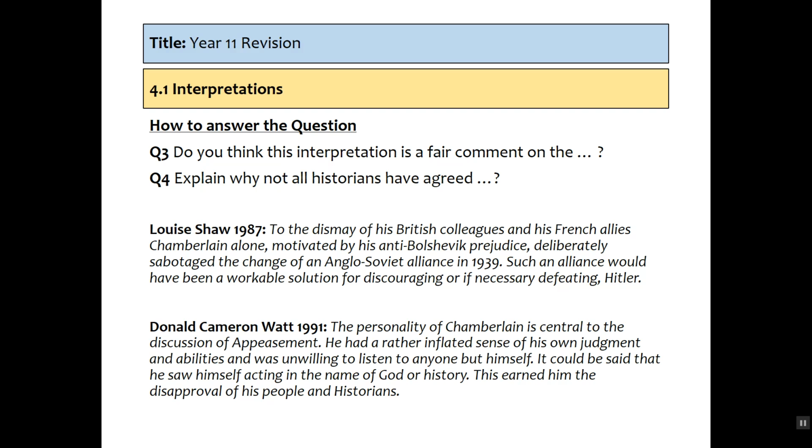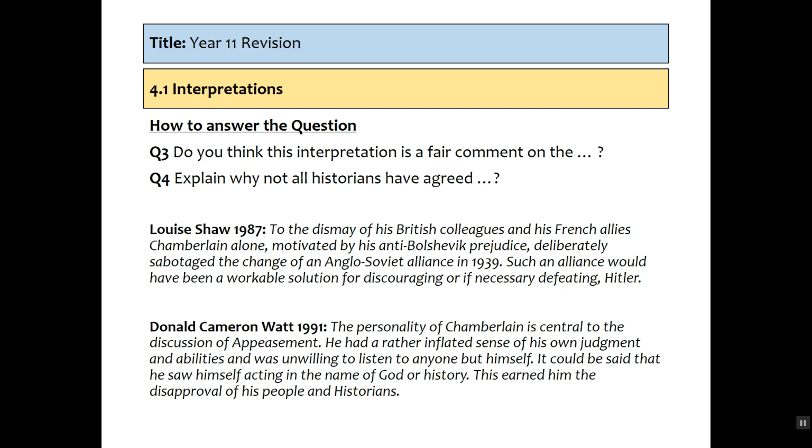Now Louis Shaw in 1987, 2 years before the end of the Cold War, says, "To the dismay of the British colleagues and his French allies, Chamberlain alone, motivated by his anti-Bolshevik, anti-communist prejudice, deliberately sabotaged the chance of an Anglo-Soviet alliance in 1939. Such an alliance would have been a workable solution, discouraging or, if necessary, defeating Hitler."